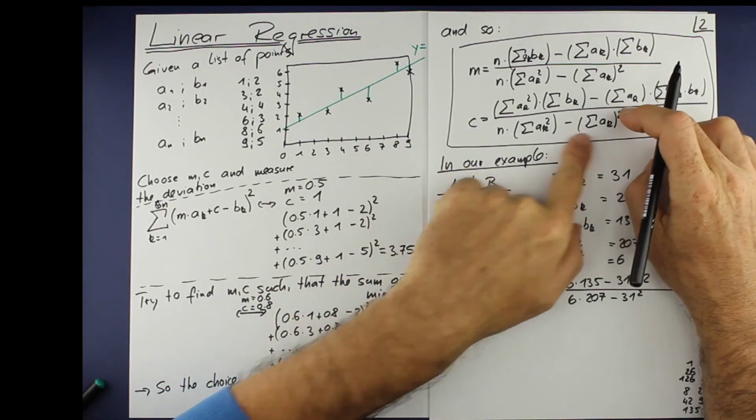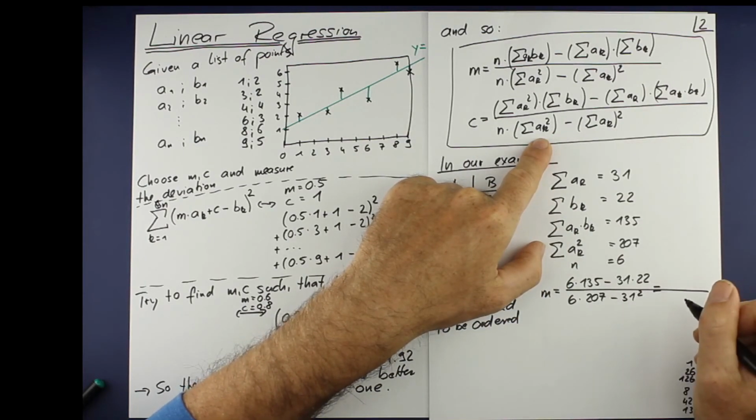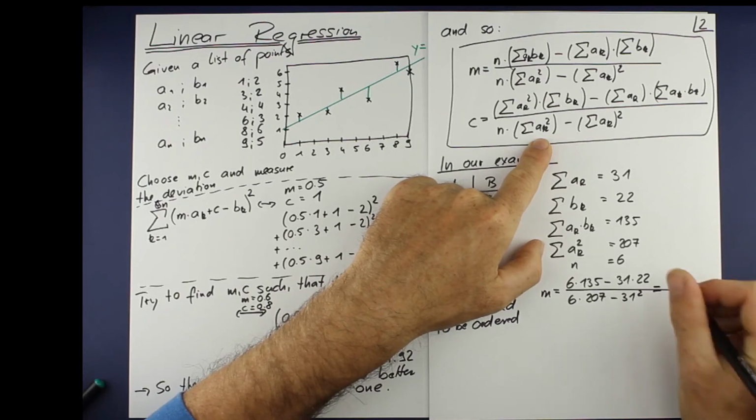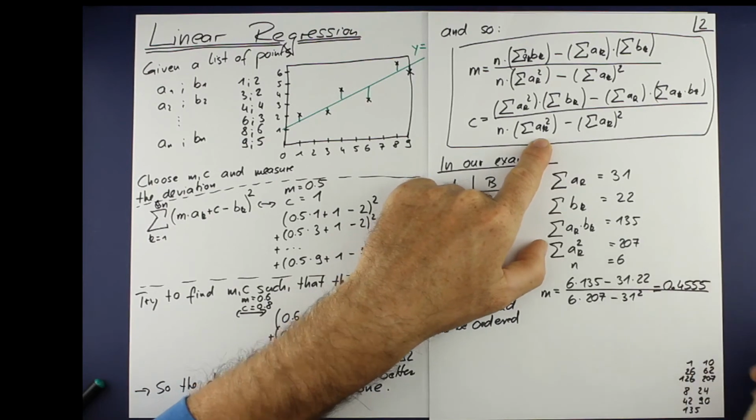Don't confuse that with that. So if you do that calculation, what value do we get? If we are using electronic help, it will tell you 0.4555.